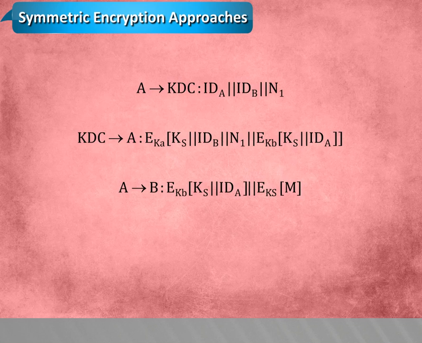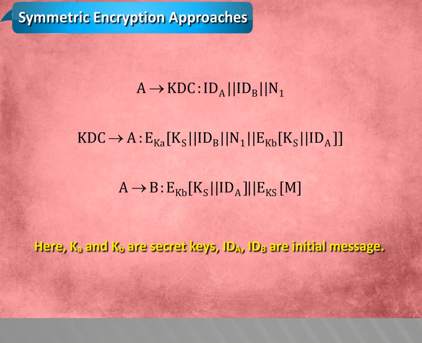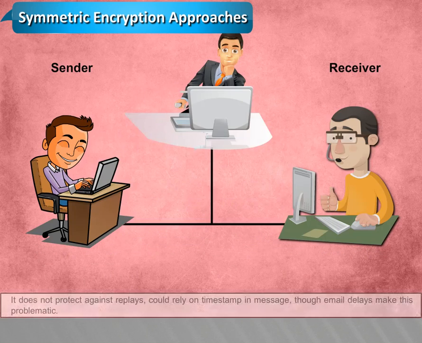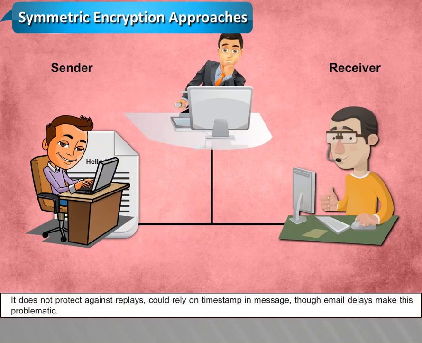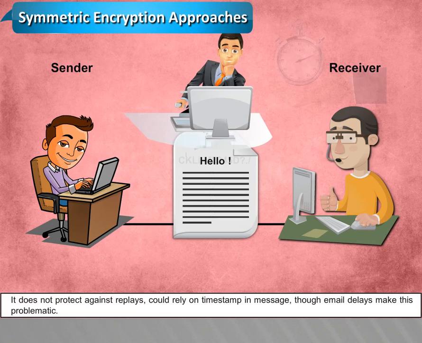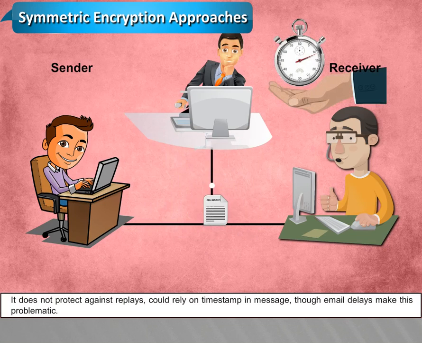A to B: E(KB, [KS || IDA]) || E(KS, M). Here KA and KB are secret keys, and IDA, IDB are the initial message. It does not protect against replay, and could rely on a timestamp in the message, but email delays make this problematic.